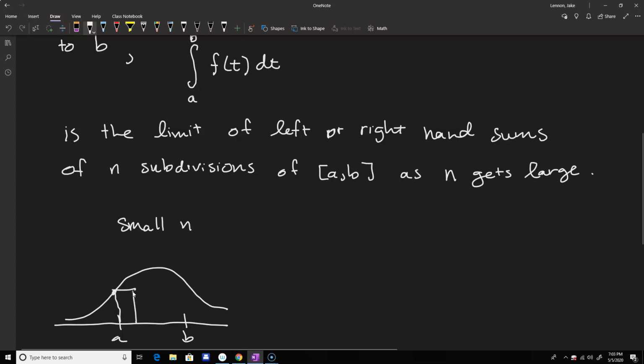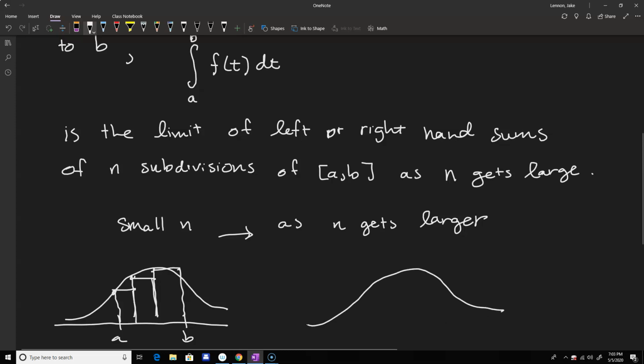We get some picture like this, and we're approximating our area using this picture. Now, there's quite a bit of room for inaccuracy with that picture, but as n gets larger, that area would be captured a lot more precisely. And that's the whole idea of this limit.